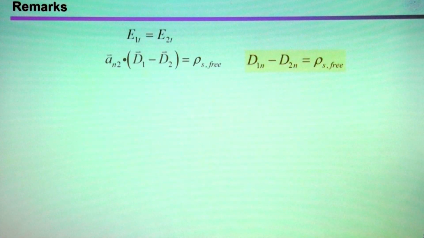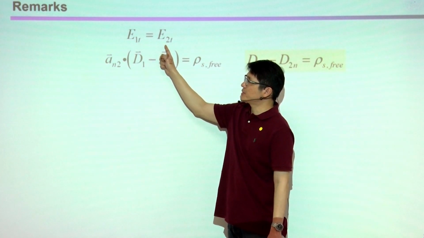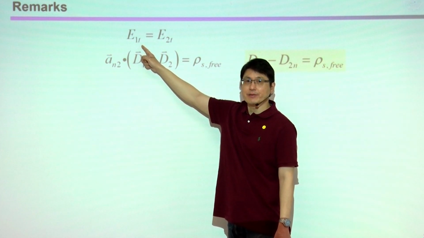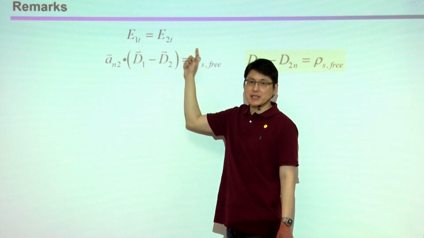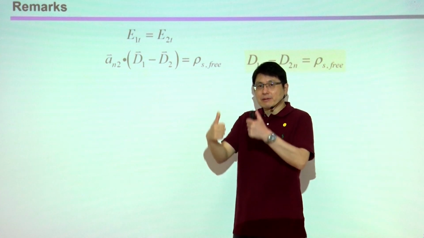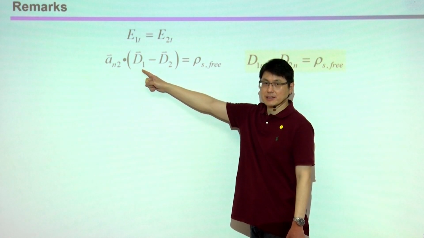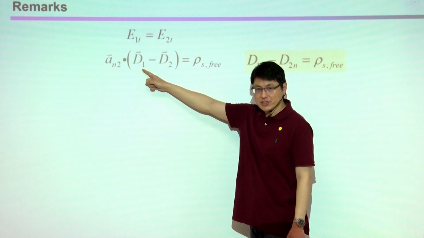Okay? So a very quick recap. Tangential components for the E field intensity has to be continuous. But for the normal component, you're trying to sense the flux density.